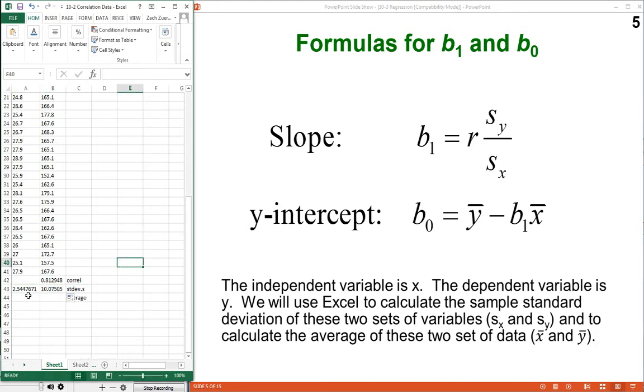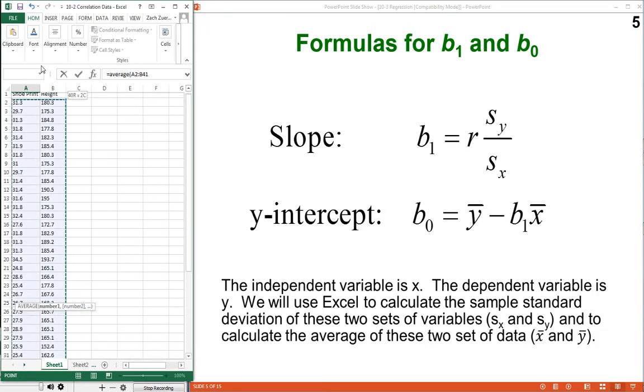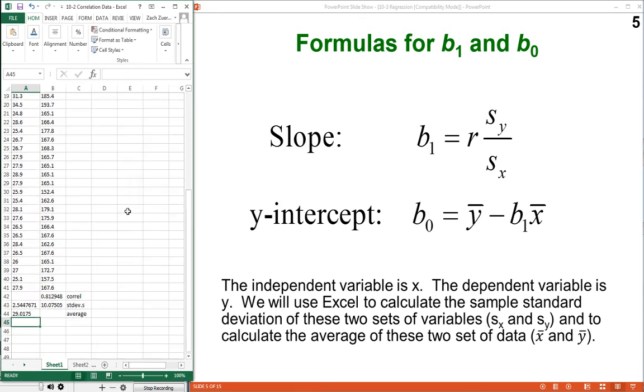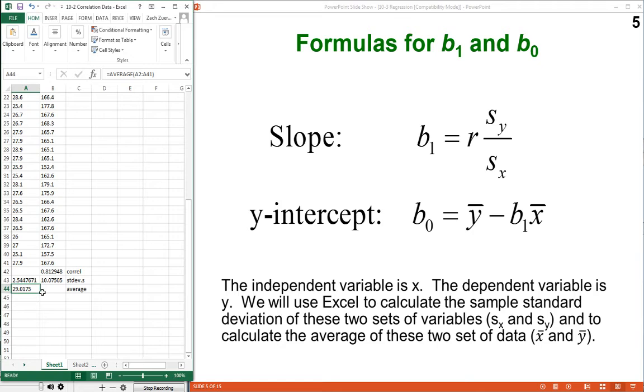Then we want to find the average length of the shoe print. That's just the average of the shoe print data. We also want to do the same thing, copy that formula over to the cell here, and that's the average height in this data. Okay. All right, let's find the slope.